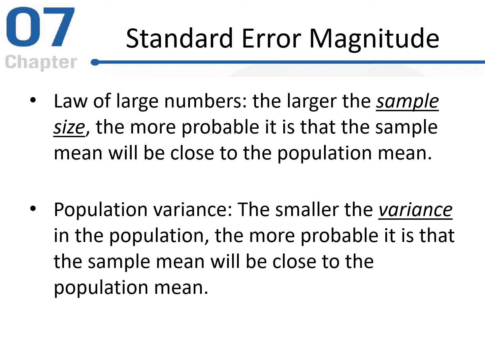So in the last slide, I talked about how the sample size is important for making the standard error of the mean small. So if I have a large sample, my standard error of the mean is going to be smaller. That's the easiest way to reduce the standard error of the mean, is get a larger sample. However, if the population variance is small, then the standard error of the mean is going to be small too.